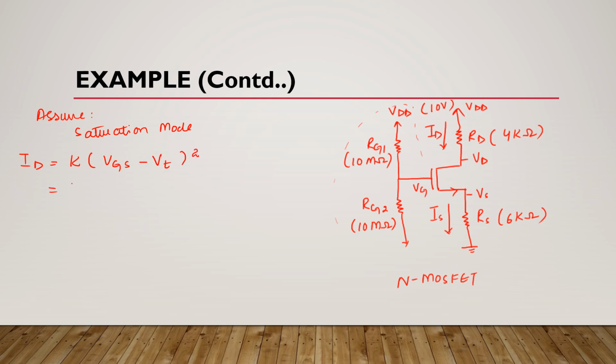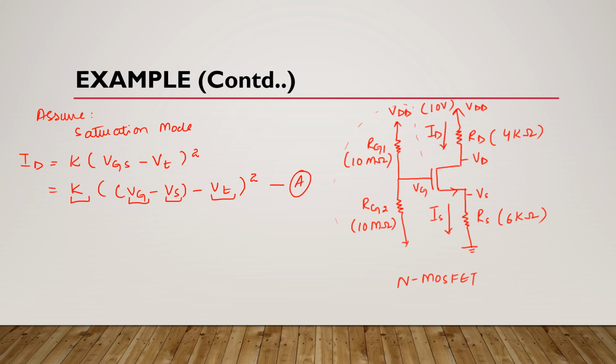We know that this gate to source voltage is equal to gate voltage minus source voltage, and here we have minus threshold voltage whole square. Here the values of K and gate voltage are known, but we don't know the value of source voltage here. Now we call this equation A.